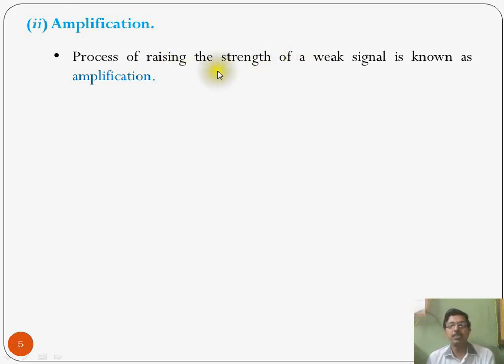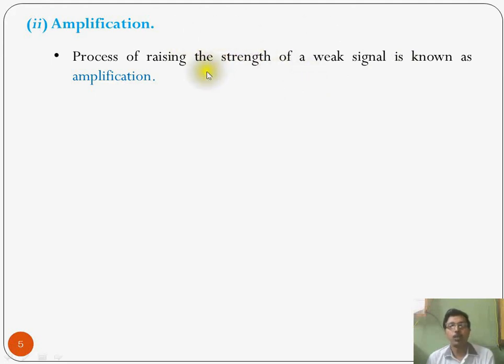So the signal which is received through an antenna is a very weak signal. If you want to hear it as audible sound, then certainly we have to convert that weak signal into a stronger one.